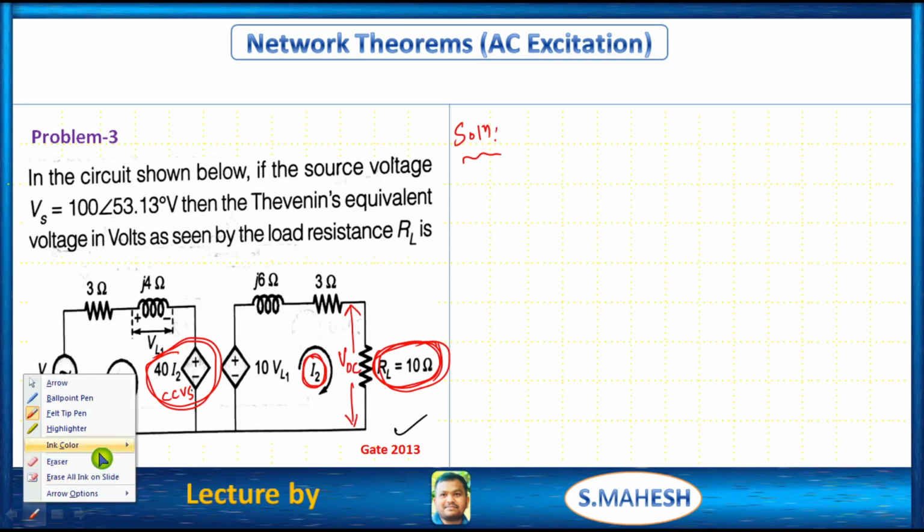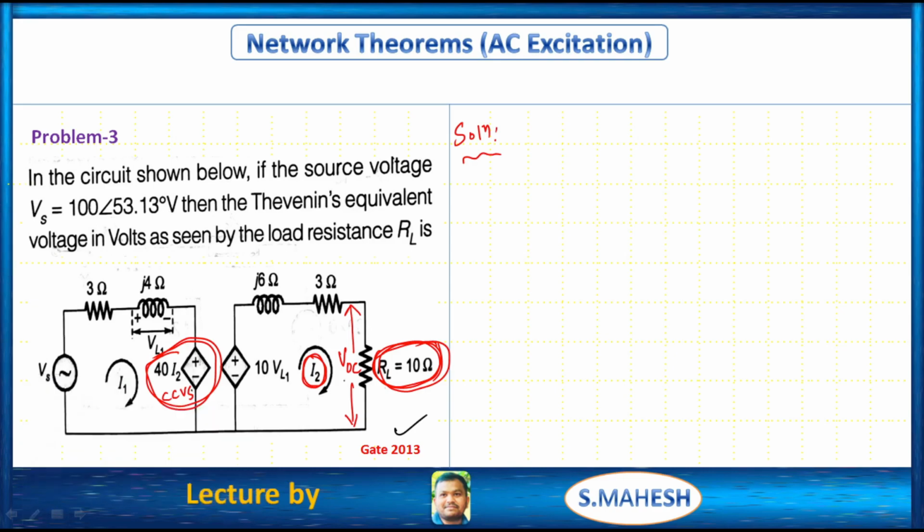This is a very important problem. From loop 1 we can get Vs equals 3I1 plus VL1 plus 40I2.